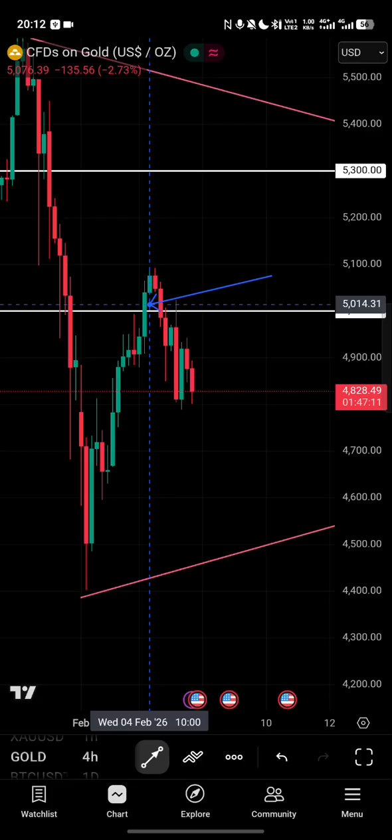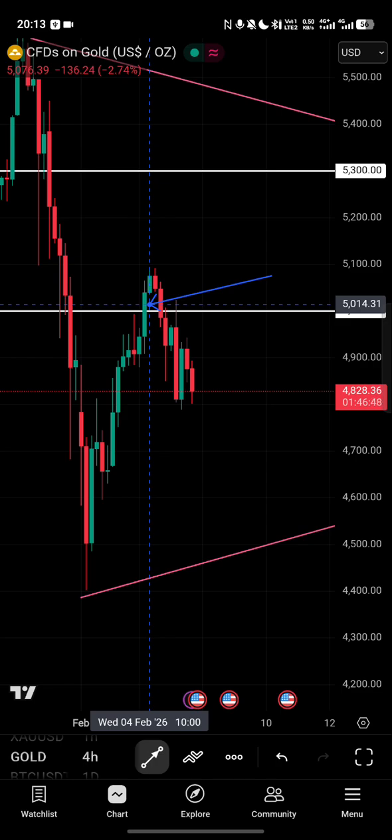Why human psychology? Because every support or resistance, every zone, every fair value gap, every breaker block, every order block, every single aspect of the chart has someone always entering a trade.